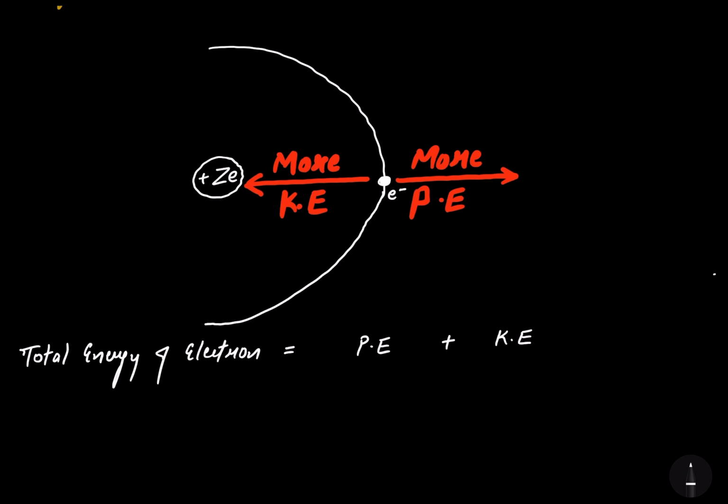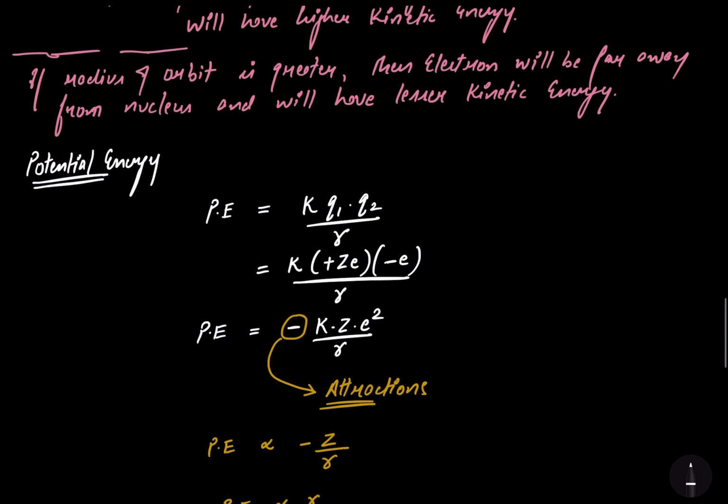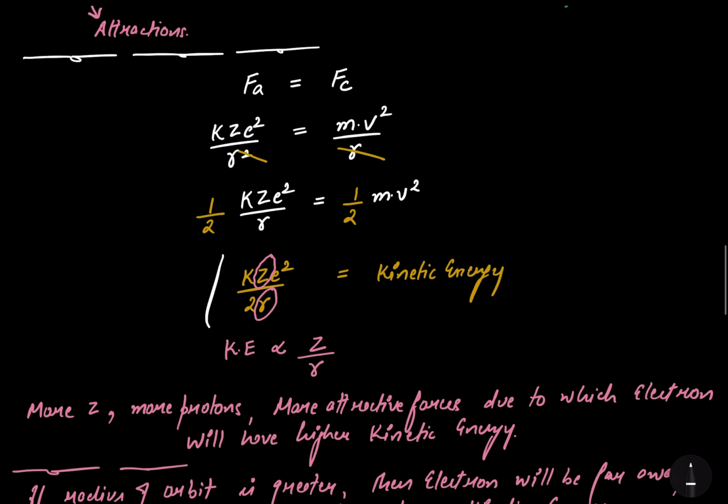What is my potential energy came out to be? It came out to be minus z e square k divided by small r. What's my kinetic energy came out to be? You can see it over here. I got the potential energy minus kz e square by r and kinetic energy to be kz e square divided by 2r.